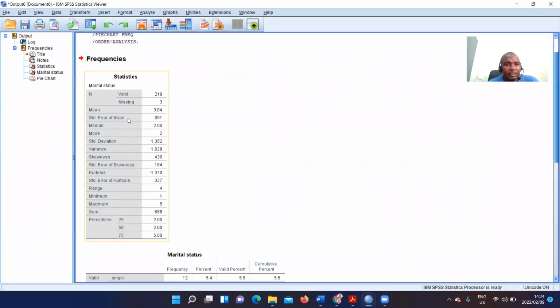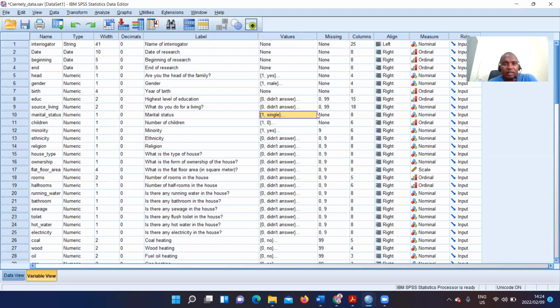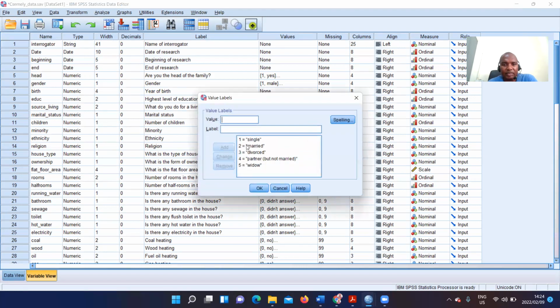And then the standard error is 0.091. The median is 2. The median means when we look at the first half and the last half of this sample, halfway into this sample, you will touch a married person, demarcating the other half, because 2 represents people who are married, as you can see.